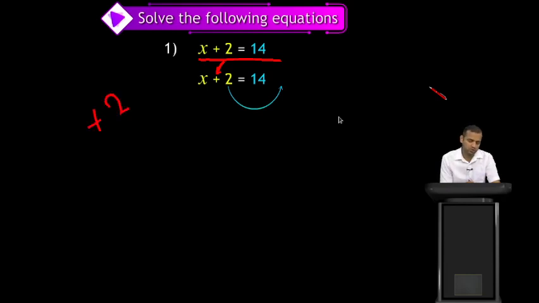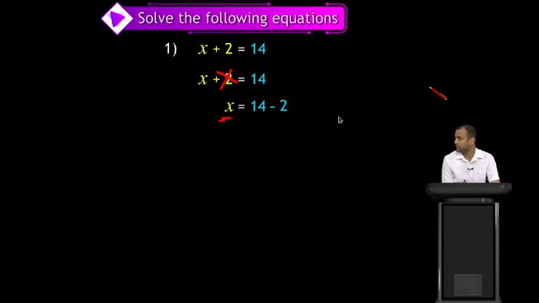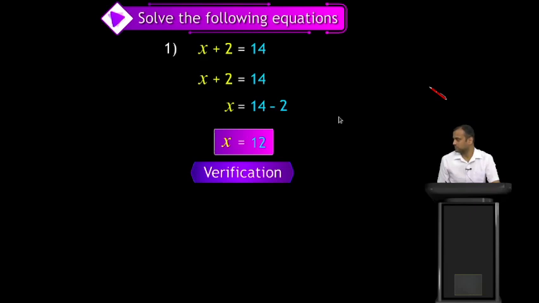It is plus 2, so if we take it to the other side, it will convert into minus 2. Because 2 is transposed, here only x is remaining, and equals 14 minus 2. So x equals 12 is the answer.